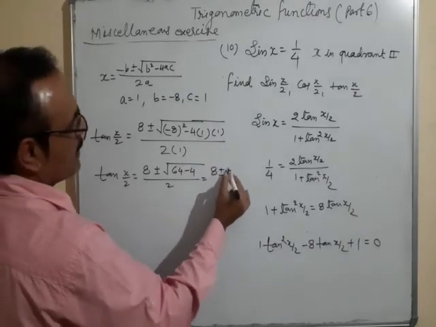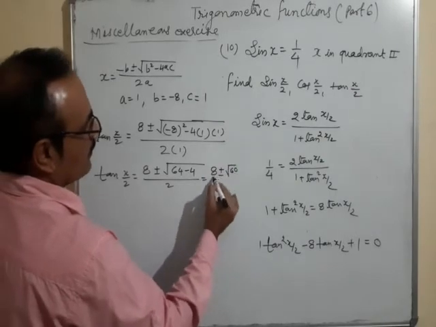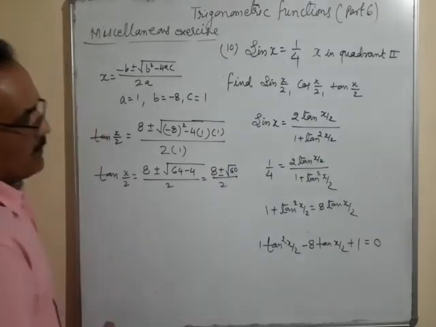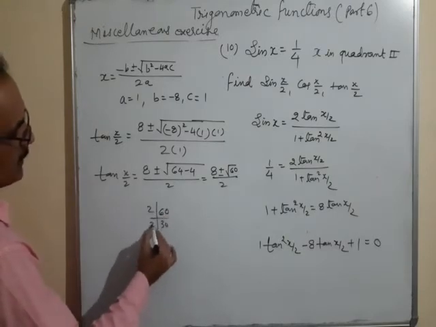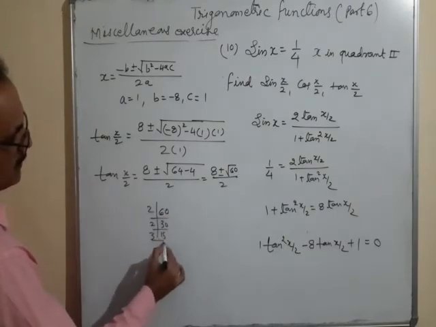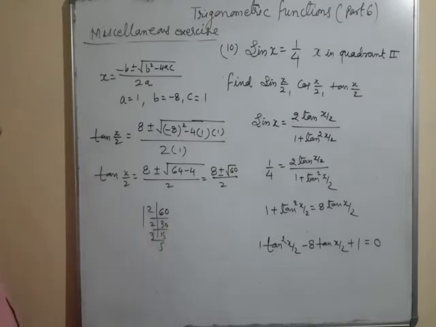That is 8 plus minus under root 60 upon 2. The prime factors of 60 are 2, 30, again 2, 15, 3, 5. So I write here 2 under root 15.